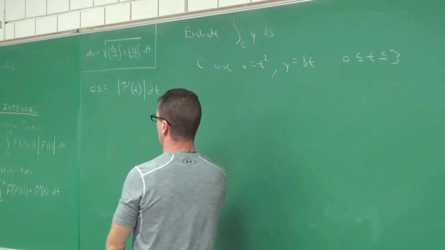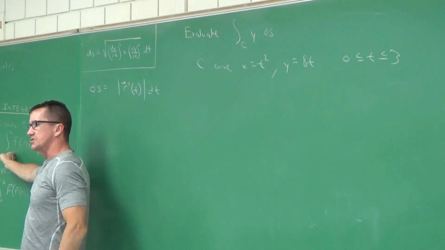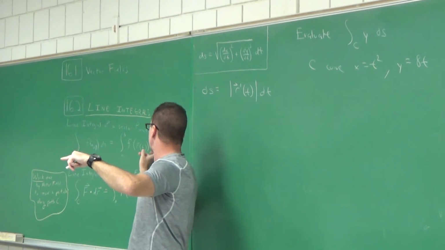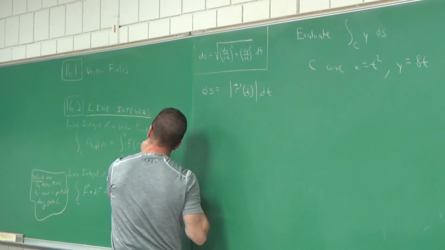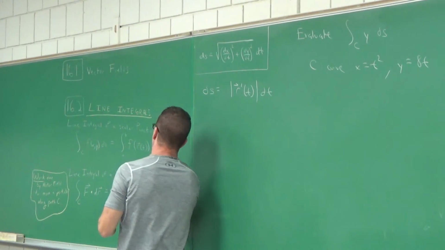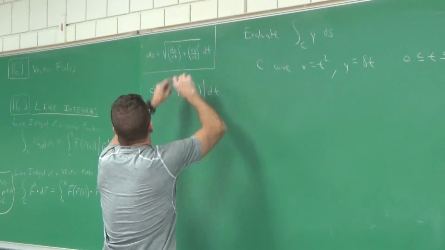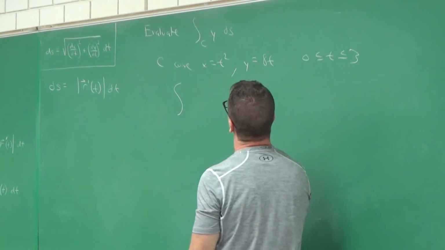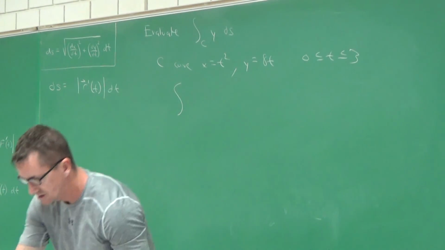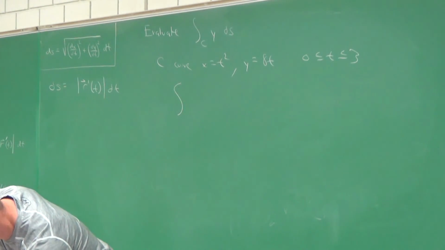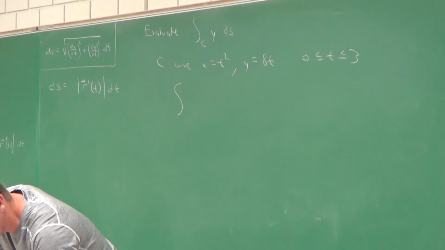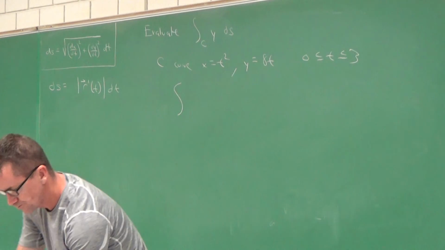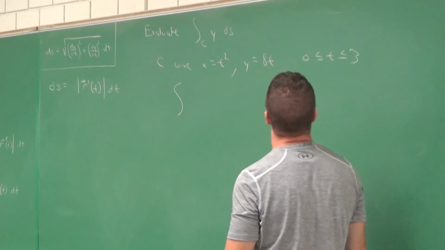So we just got to find the function composed with r of t, times the magnitude of the derivative, which will be that. I'll put this here, and you'll see that's written like that on this sheet too. Zero to 3.